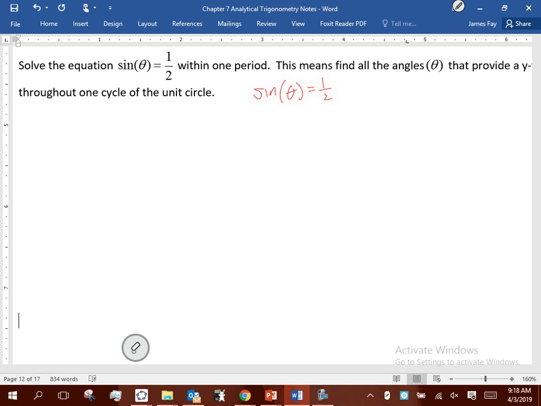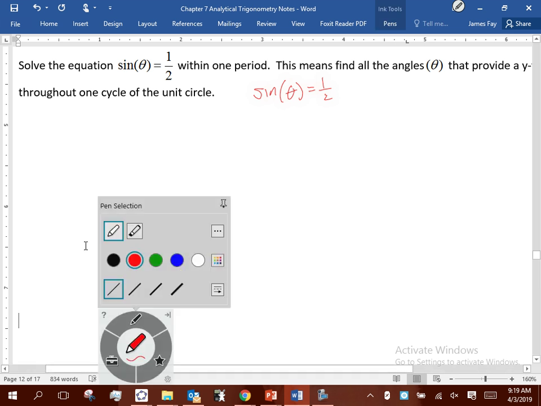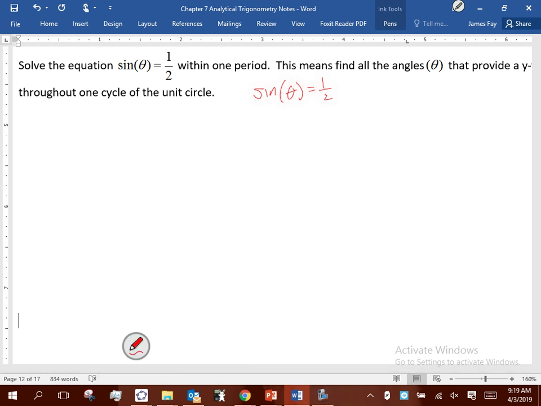All right. So what we're going to do is that you've got choices here. But my hope is that we understand this stuff well enough that we realize these two choices are really the same thing. I can either use the unit circle, know what it looks like, and say, where is the y value 1/2? And then work my way back to the angle that provided that, right?